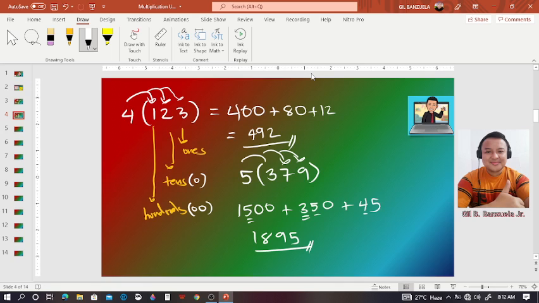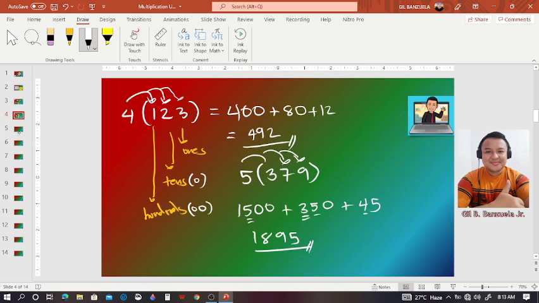So, yun yung final answer natin. Okay? Can you follow? So, again, constant practice lang, guys. Then, ma-acquire nyo na ito. At ganito gumamit ng multiplication at yung ating place value.